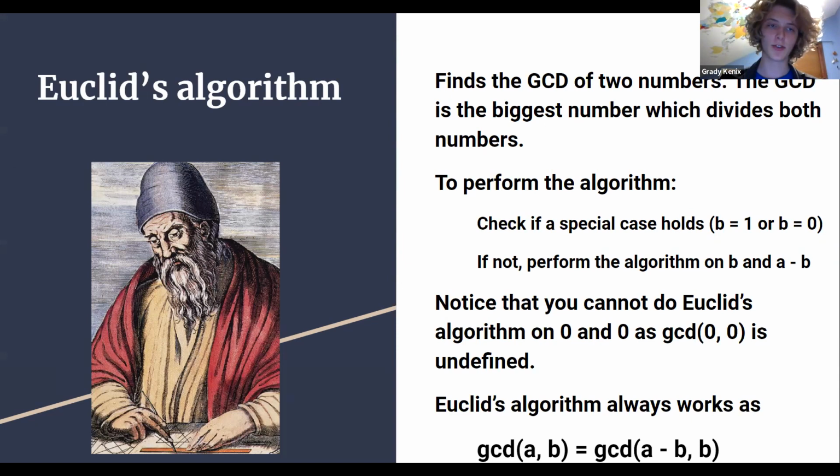But if it doesn't hold, then we move ahead and we perform the central step of the algorithm, which is to say that the GCD of A and B is equal to the GCD of A and A minus B. Now, very important, we always make sure that A is greater than B first. If not, we just swap them around, we interchange them.